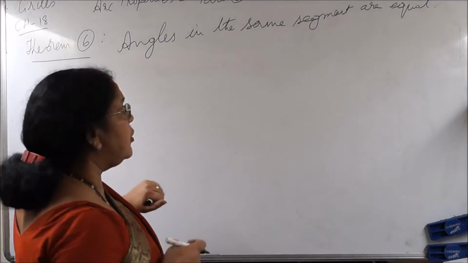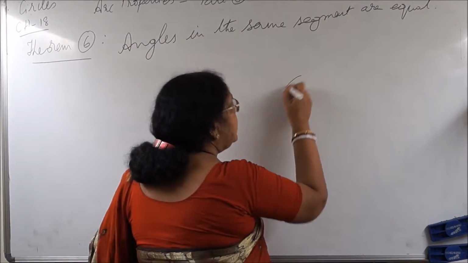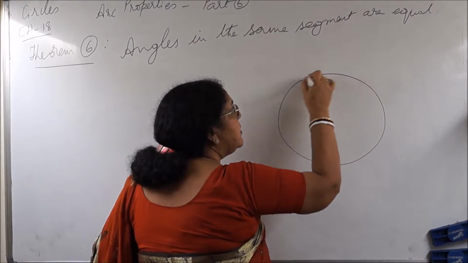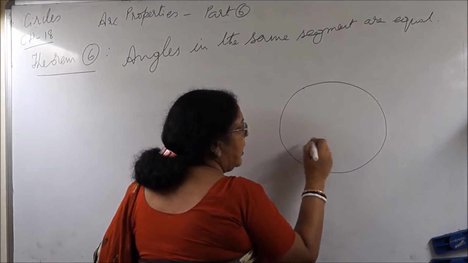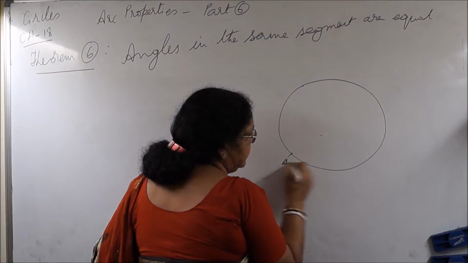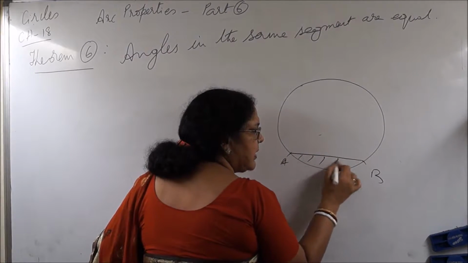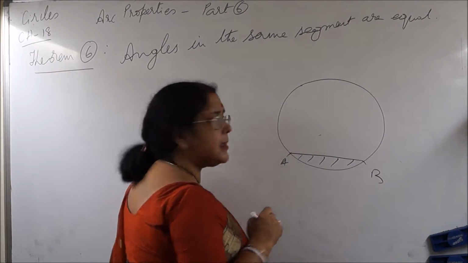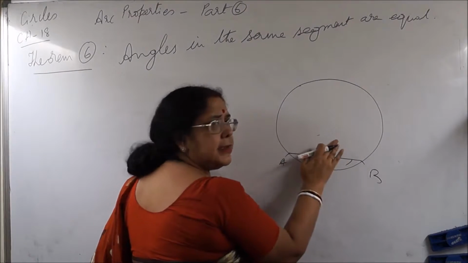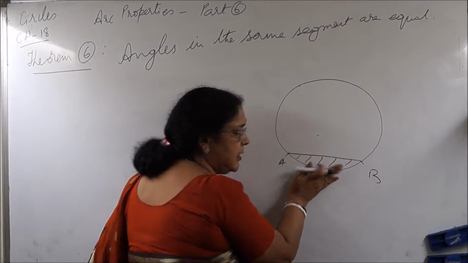I have already told you what a segment is. A segment is the region bound by an arc of a circle, say AB, and the chord. So this is the segment. This is the minor segment and this is the major segment. So this is one segment, this is another segment.